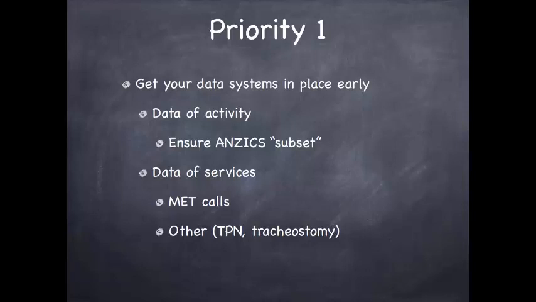But then again, if you're going to put in other services, you're going to do a tracheostomy service, or you're going to run the emergency response service, or you're going to do TPN, monitor that as well. Don't just think, oh, we saw X number of patients for the year. But think about it and start it from the beginning, because trying to replicate it later on isn't going to work.